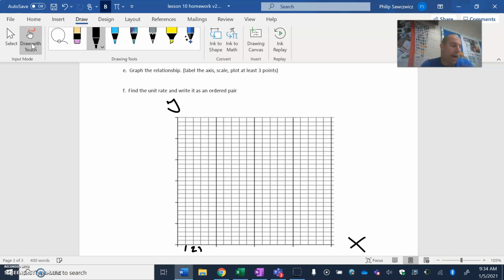On my y-axis, it looks like I counted by 2s: 2, 4, 6, 8, 10. So that'll be a 20 up there, all right, a 30 up there. So again, you can certainly use that to help yourself out. If all goes well, you should have a straight path of points going through the origin. All right, people, enjoy.